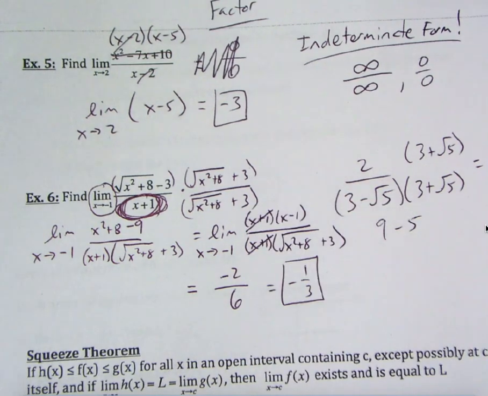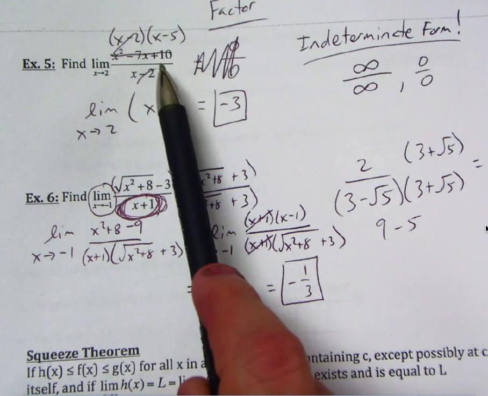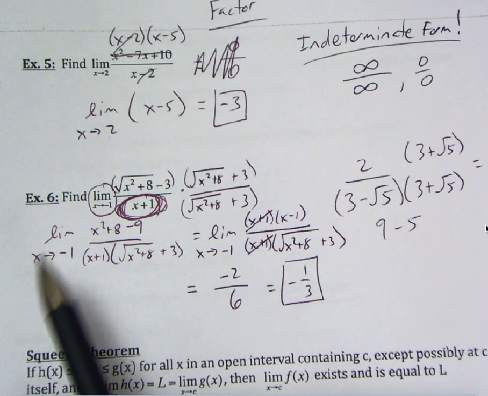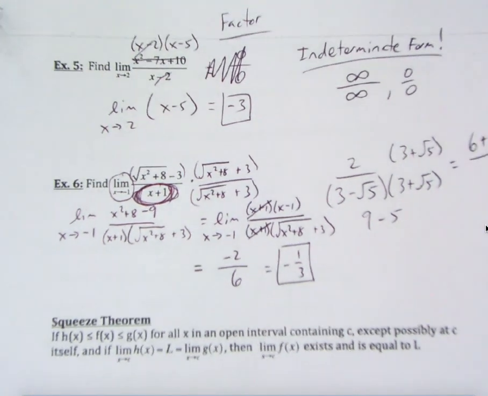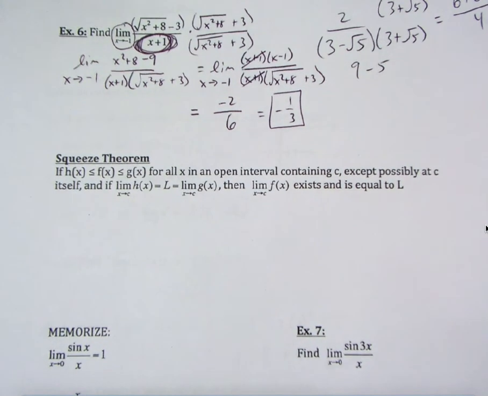Even though initially we tried direct substitution and it didn't work, now we eliminated the issue through rationalizing. Those are usually going to be your two go-tos. We'll talk about another one in another lesson. When you try to plug it in and it doesn't work, you're going to factor and cancel, or you're going to try to rationalize and then see if you can use direct substitution. All right, last couple of tidbits.